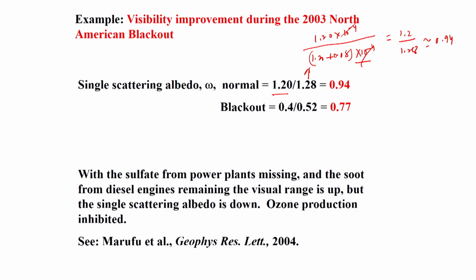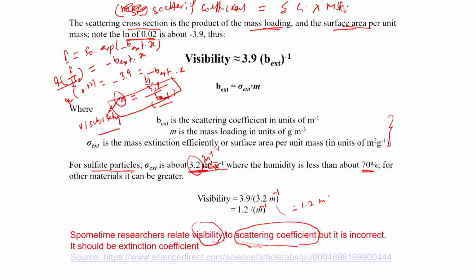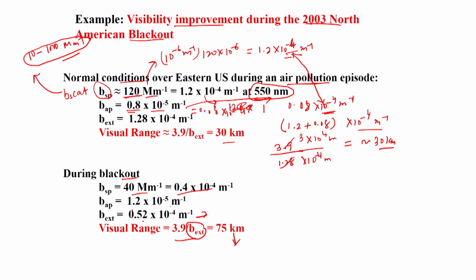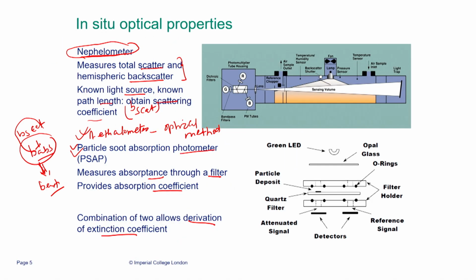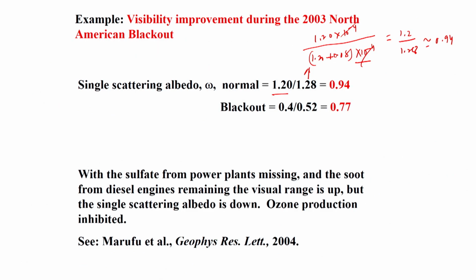Remember, there was something wrong I wrote in the previous one, so let me correct it here. It's correct, it is during the air pollution episode and during the blackout. And during the blackout, you had 0.4 and 0.52. Just remember this one, this is very important.